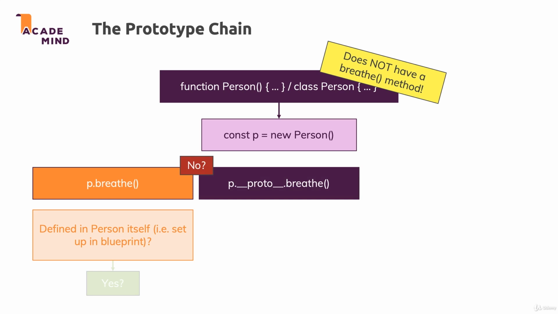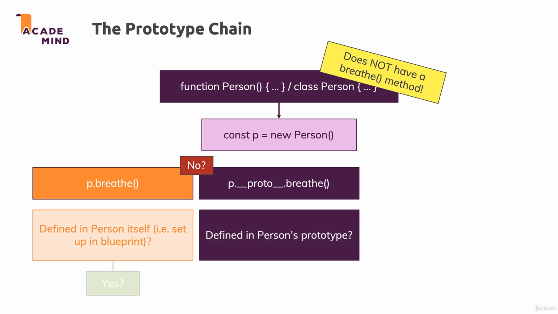And that's just something you can memorize. It's called prototype. It's basically a base class of this person object here in the end, you could say. There is a connection which is automatically set up, and every object you create by default has such a prototype, even if you haven't set up any inheritance here. So then the object which is the prototype is checked. Does that have a breathe method?